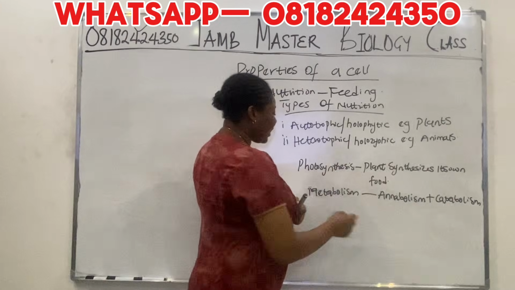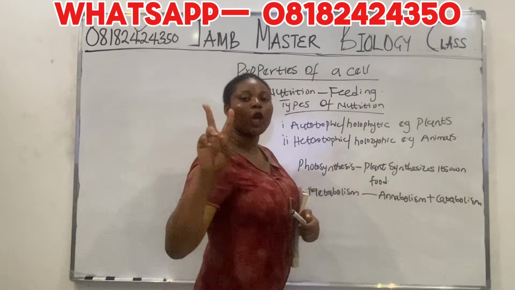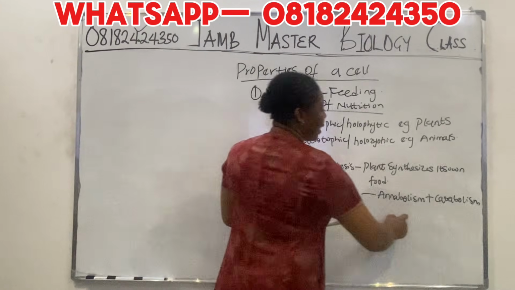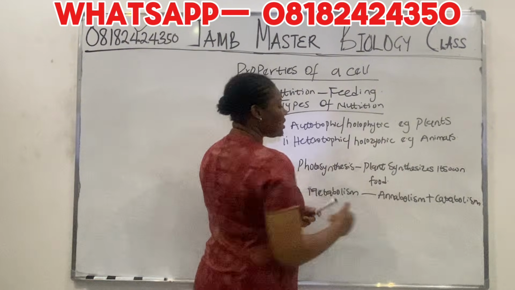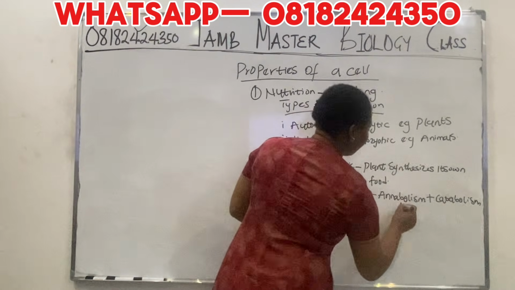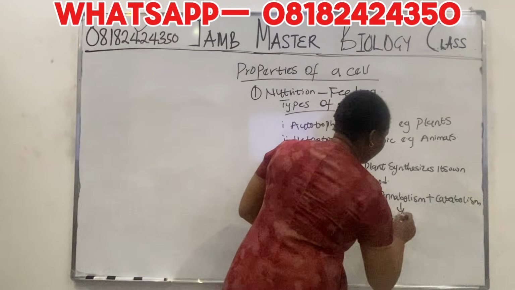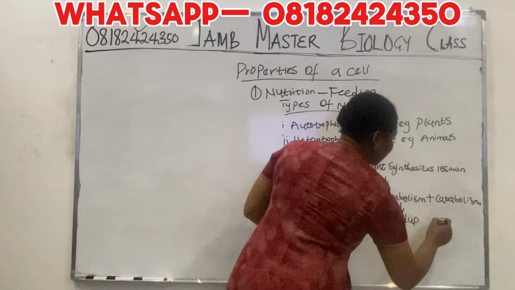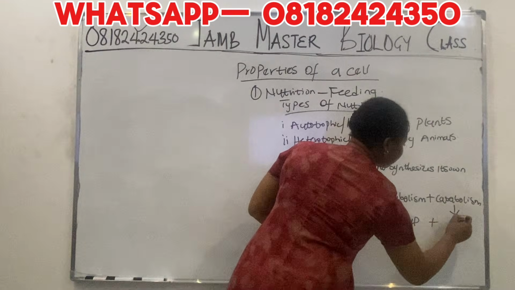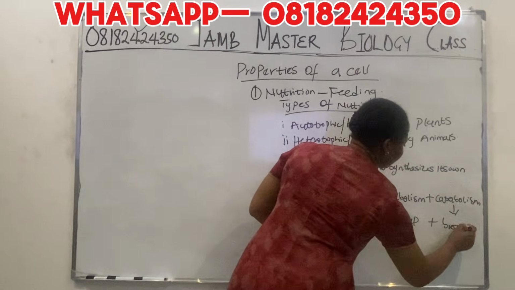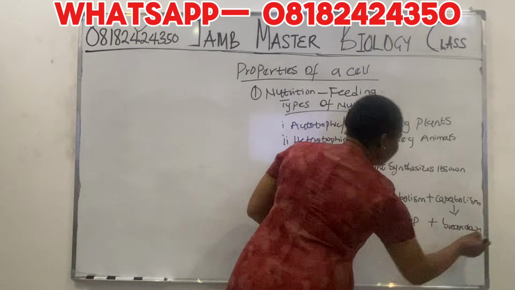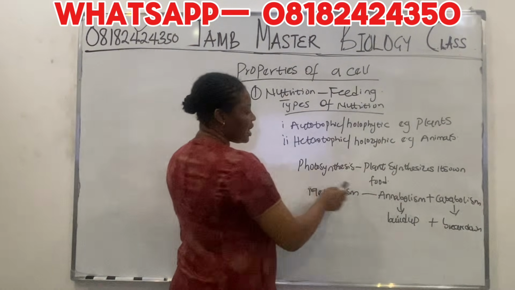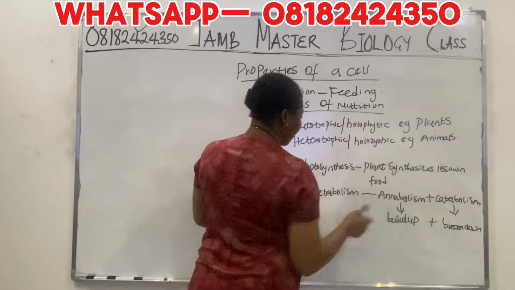Now, metabolism is made up of two things. We have anabolism and catabolism. Anabolism is a build-up process. Catabolism is a breakdown process. Now, photosynthesis is under what? Anabolism.